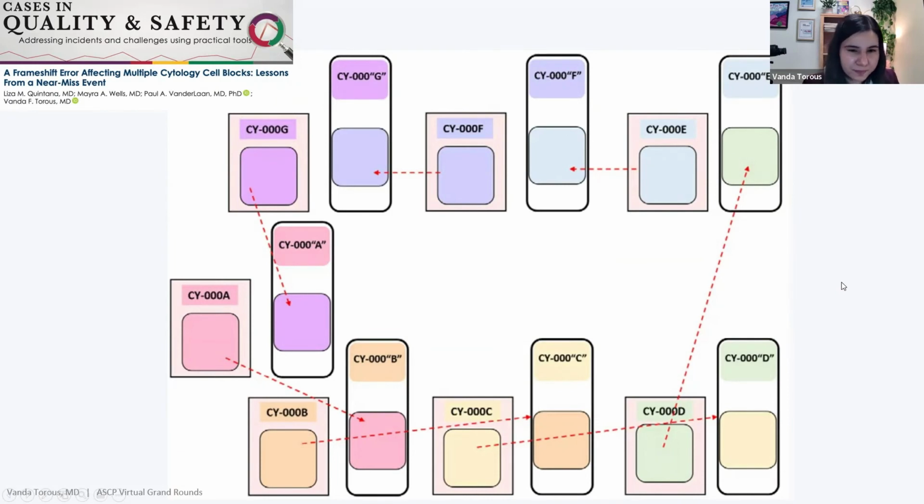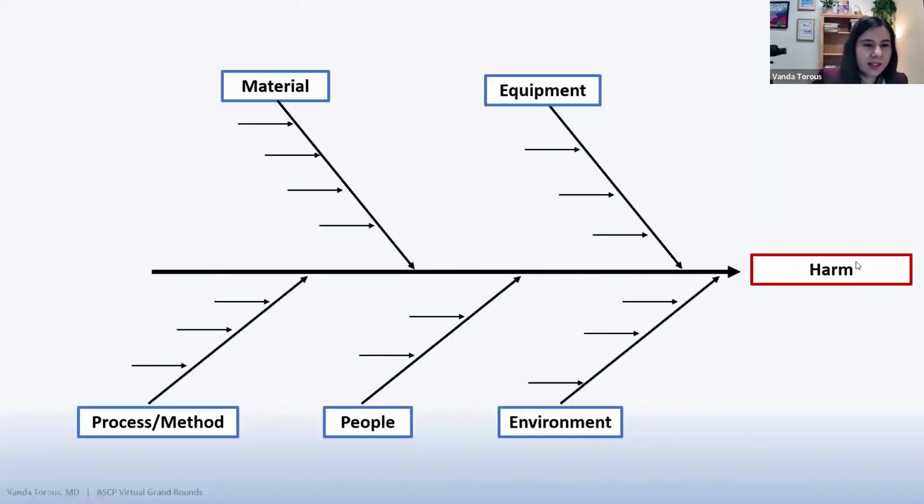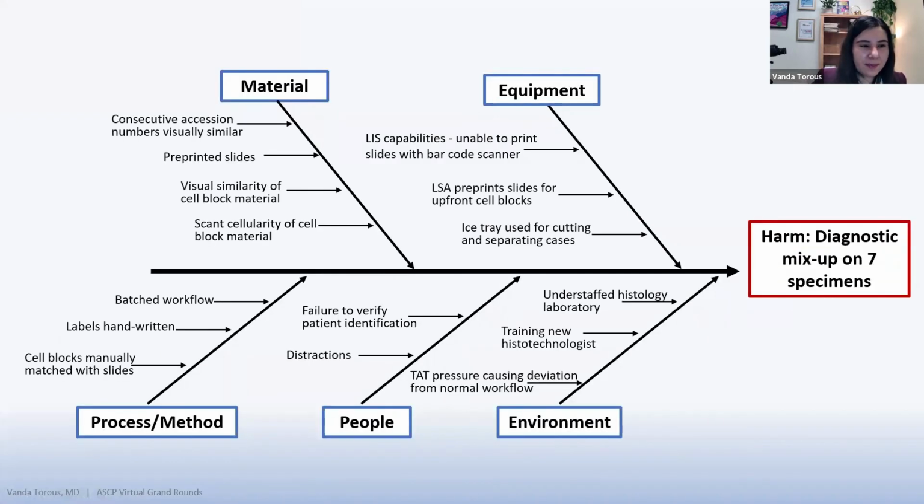So again, this is something where you can say, well, the histotechnologist, how could they put the wrong tissue? They should have double checked, right? But really, when you look into this, which is what we did in this case, there were a lot of different factors that went into that mistake happening. So it wasn't just a failure to verify patient identification.